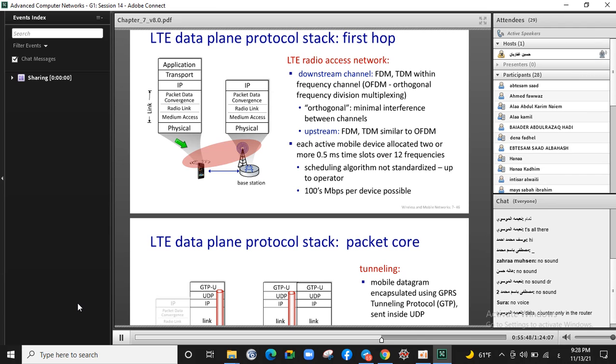But maybe you say, okay, what is OFDM? OFDM, or orthogonal frequency division multiplexing, is a technology in which I'm using orthogonal channels. What are orthogonal channels? Do you remember CDMA technology? We talked about it last week, I think.